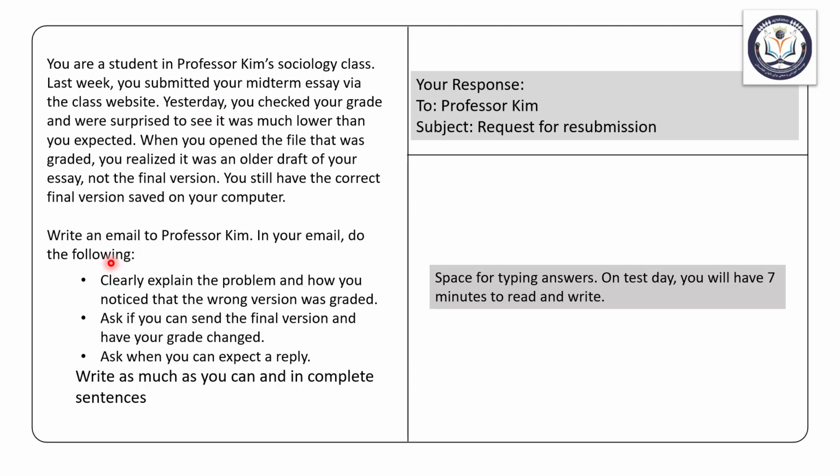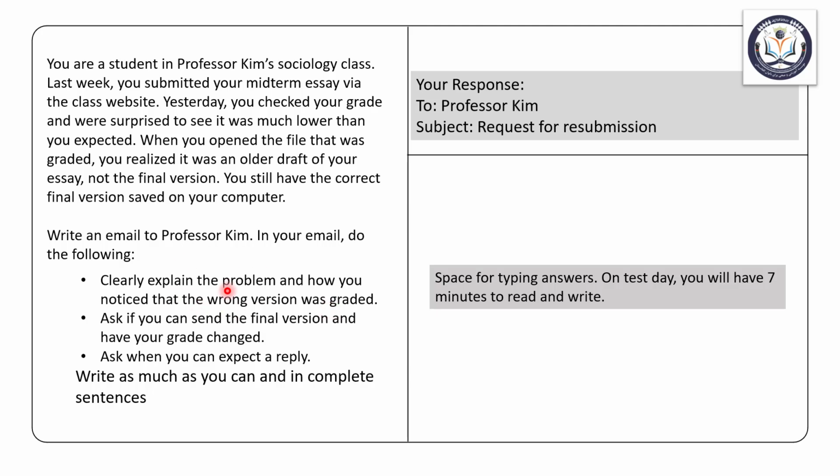So now what does it ask us to write in our email? Write an email to Professor Kim. In your email, do the following. First, clearly explain the problem and how you noticed that the wrong version was graded.